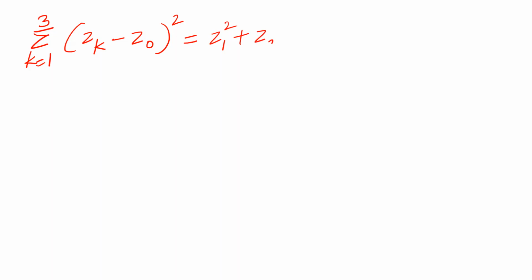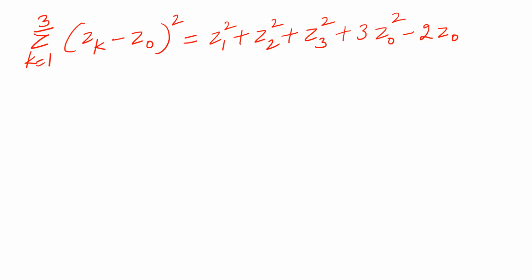Now students, we have earlier found that summation k varying from 1 to 3 (Zk minus Z0) whole square is equal to Z1 square plus Z2 square plus Z3 square plus 3 into Z0 square minus 2 into Z0 into (Z1 plus Z2 plus Z3).